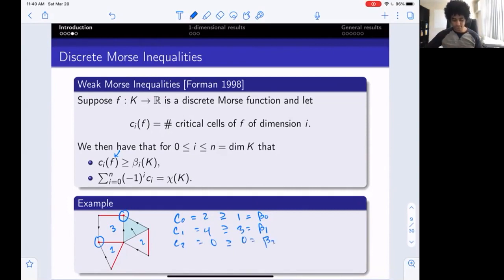And the second condition says the alternating sum of these critical cells is going to be equal to the Euler characteristic. And we indeed have that this is equal to the Euler characteristic, which is defined as the alternating sum of the Betti numbers. So these are very powerful, and they'll let us say quite a lot about the topology quite often, and they'll actually help us soon in trying to understand the structure of the gradients.